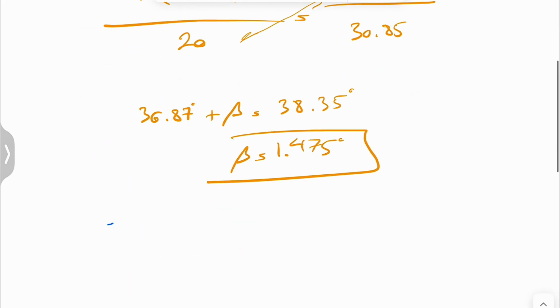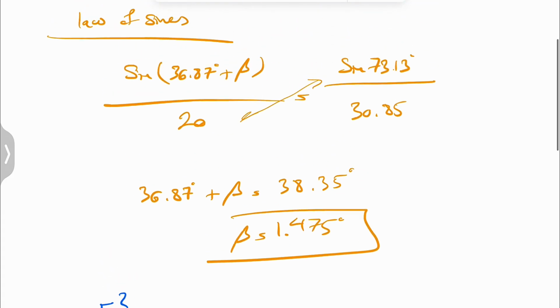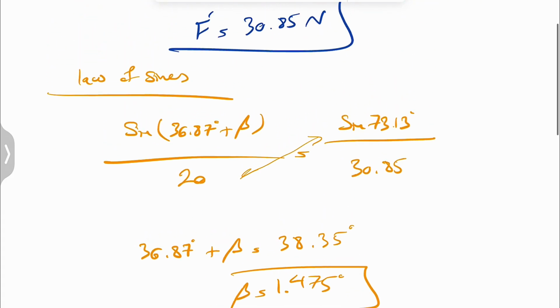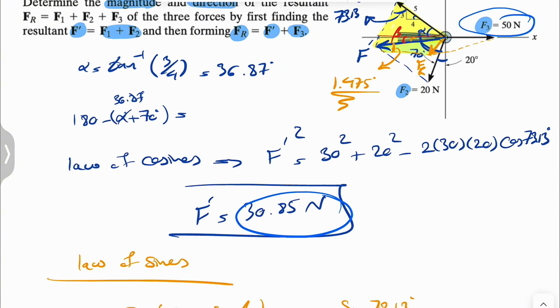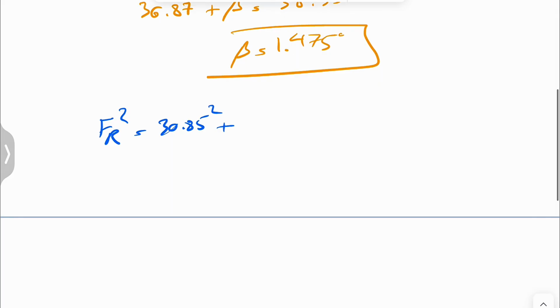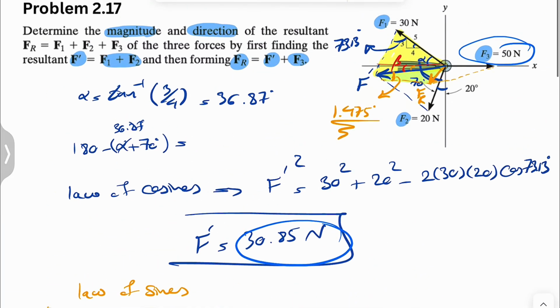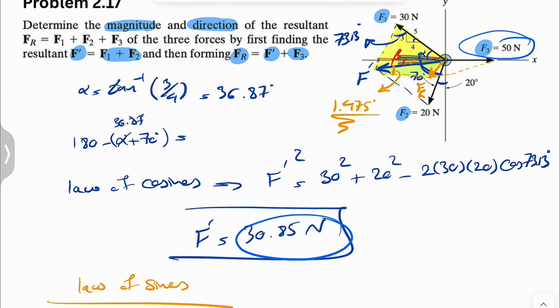And again, FR squared is equal to basically F prime squared, which was this value, 30.85 squared, plus the F3, which is 50, so 50 squared, negative 2 times 50 times 30.85, cosine of that angle, the angle between F prime and F3.